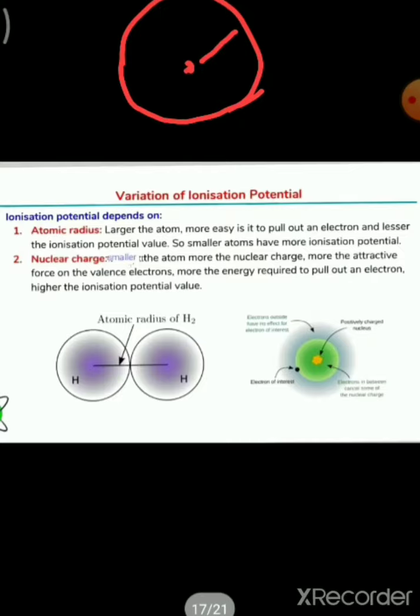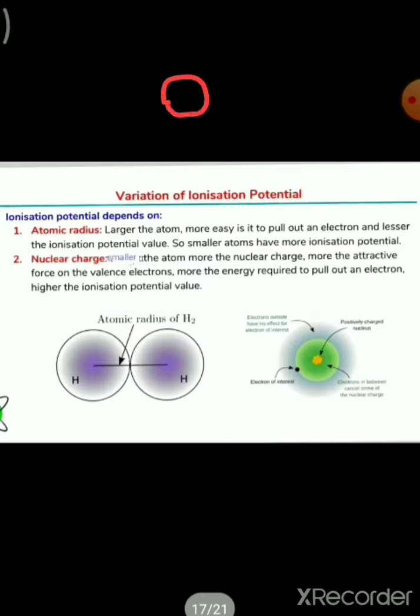And we can say, smaller the atom, the more the ionization potential, because if the atom is small, like this way, the middle one is your nucleus, so you can see the atomic radius. If the atom is smaller, then the atomic radius is also smaller, and if the atomic radius is smaller, then the force of attraction between the nucleus and the outermost orbit will be more.